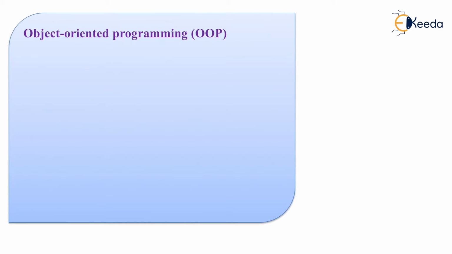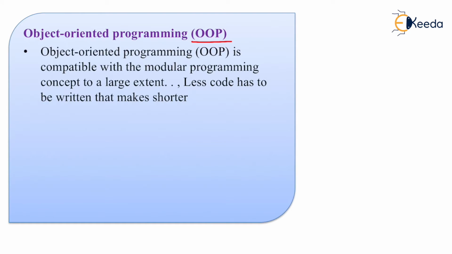The third type is object oriented programming, that is OOP. OOP is compatible with modular programming and carries its concepts to a large extent. Less code has to be written, which makes it shorter.